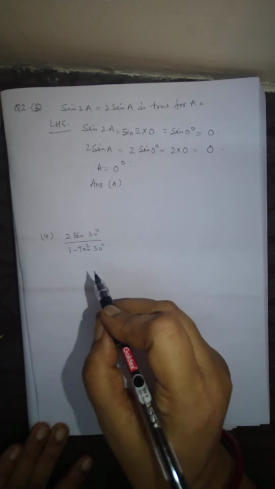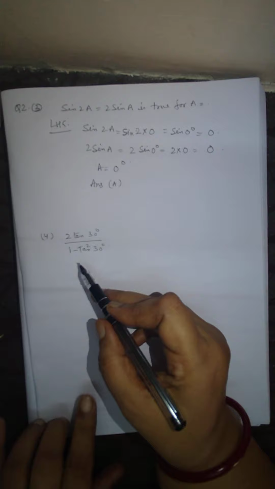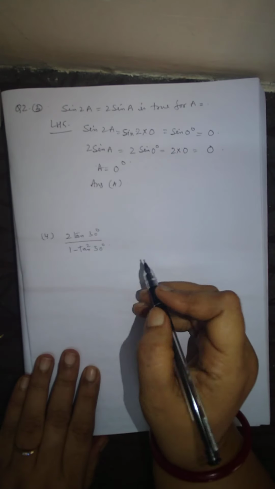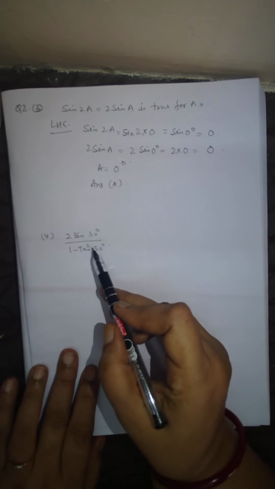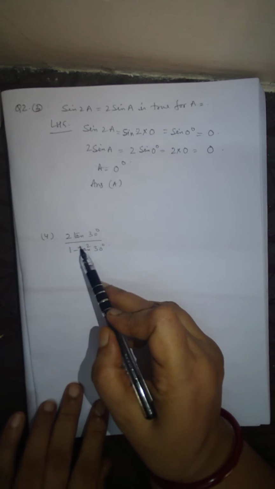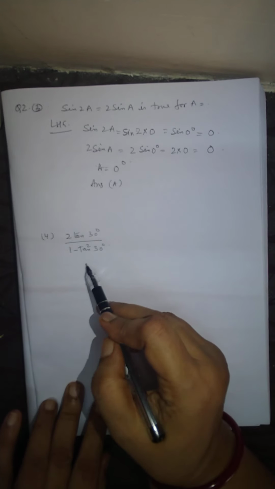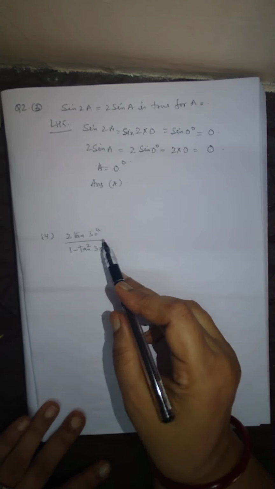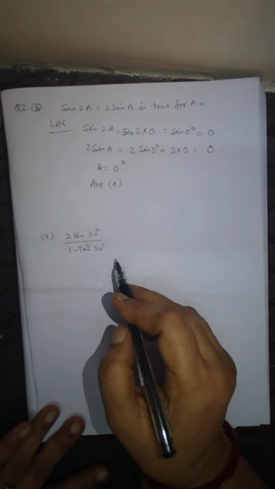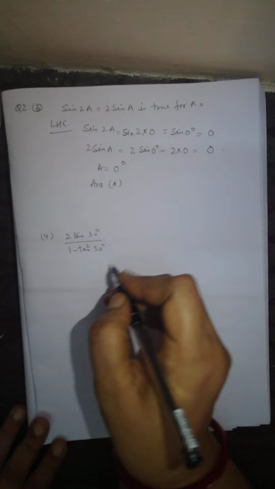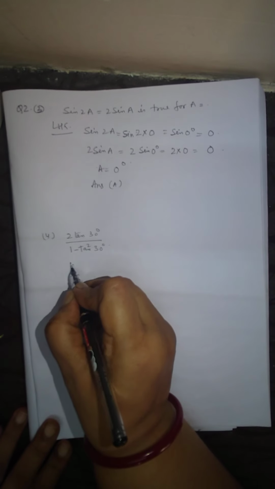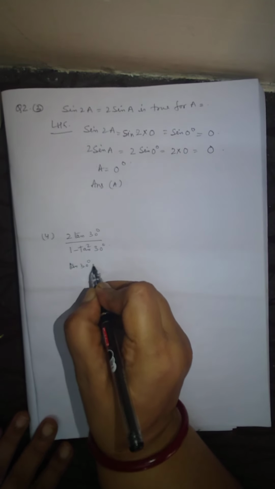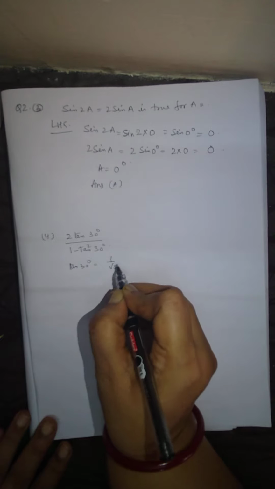Okay. Now, the fourth part of question number 2. It is given, find the value of 2 tan 30 degree upon 1 minus tan square 30 degree. So what is the value of tan 30? Tan 30 is 1 by root 3.